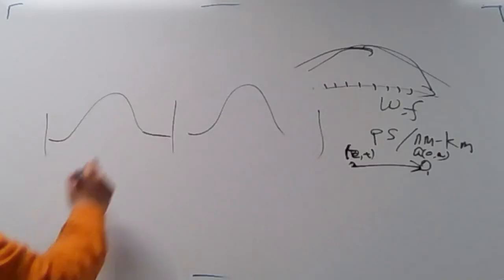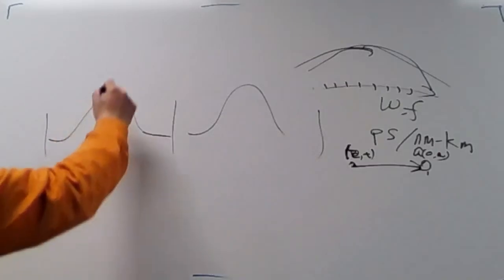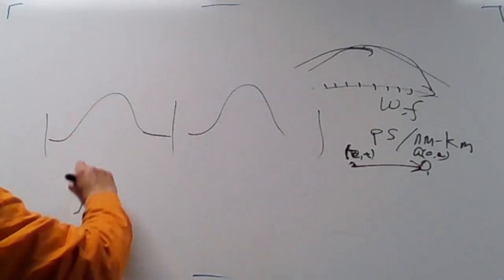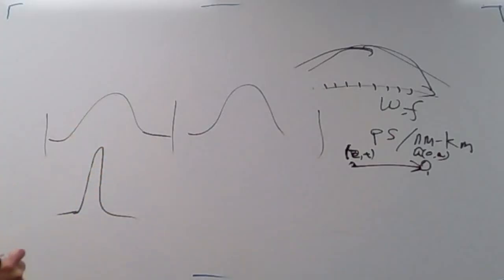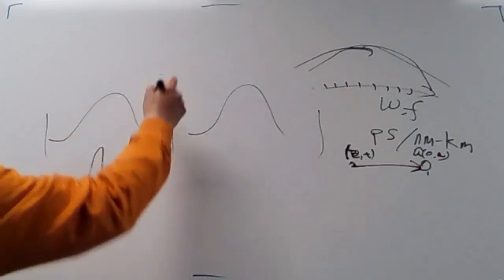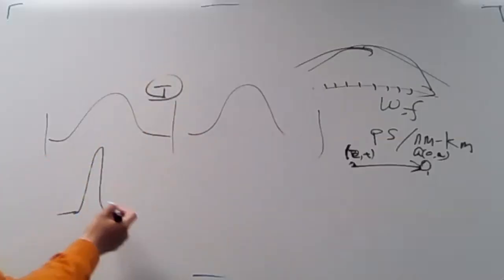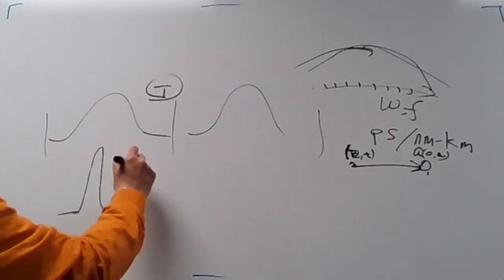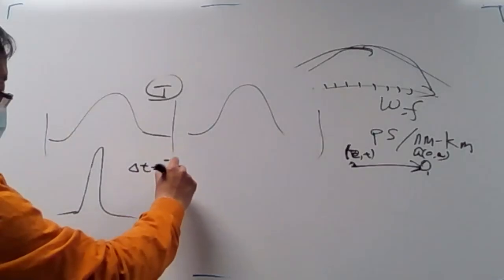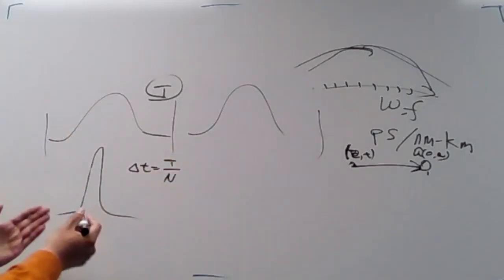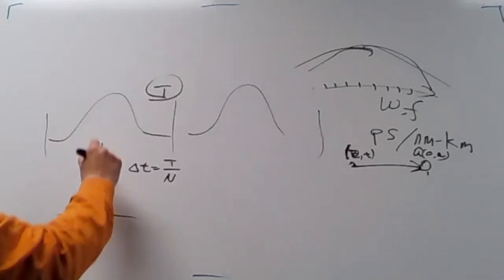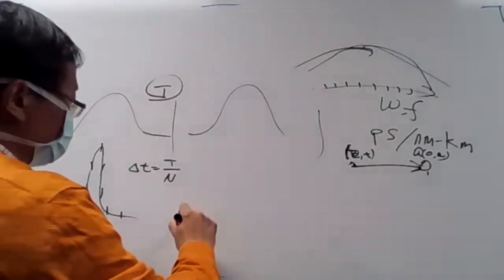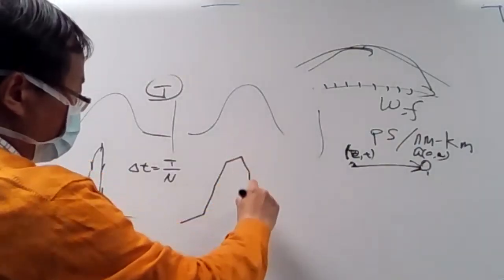If I have a very narrow pulse, I need to increase the total T. But with a specific number n, delta t is capital T divided by n. So if you have a very narrow pulse, you don't have enough resolution.